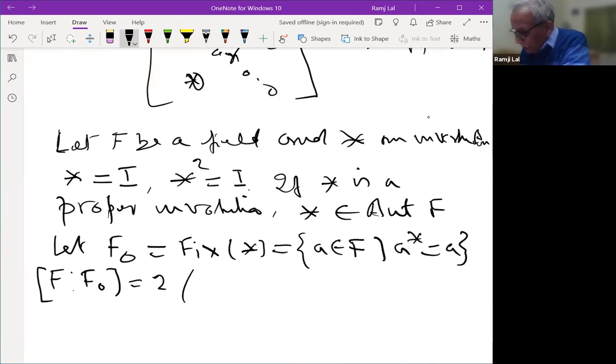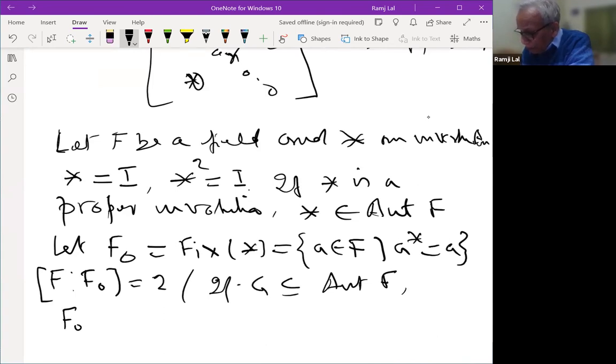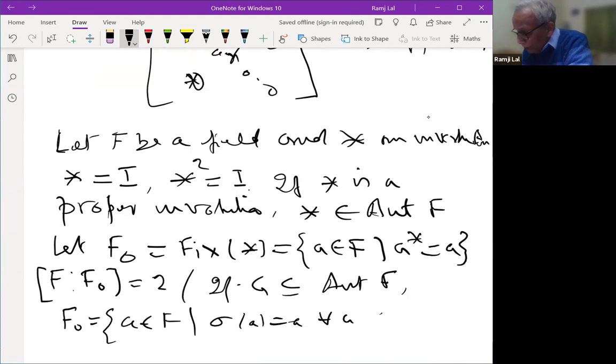If G is a finite subgroup of the automorphism group of the field F, and you look at the fixed field, that is those a belonging to F such that sigma a is equal to a for every sigma belonging to G, then this is what is called the fixed field of the group G.